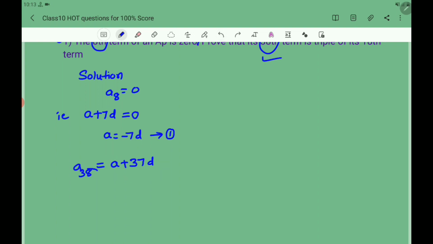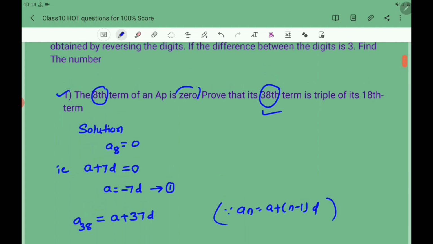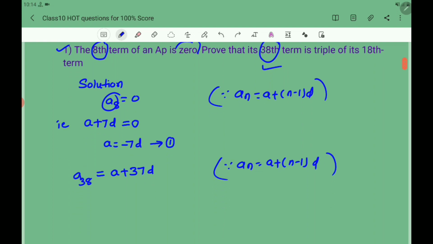That is 1 less than 38, because you know that here AN equals A plus N minus 1 into D. That is used here. That is the reason we have taken. Here also we have taken the same reason. That is AN equals A plus N minus 1 into D. So A8 means A plus 7D and A38 is A plus 37D.